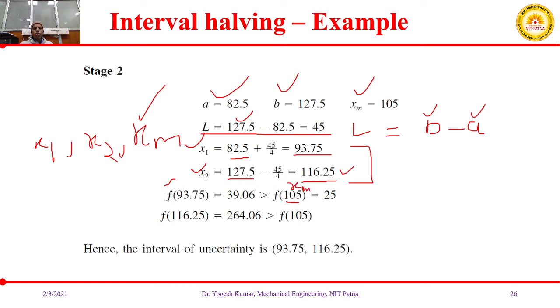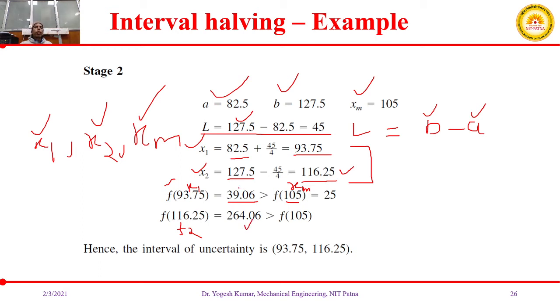We are supposed to calculate the value of the function at these 2 points, x1 and x2. Okay, so fx1 is 39.06, and fx2 is 264.06. If you calculate by using a calculator, these two values will come.